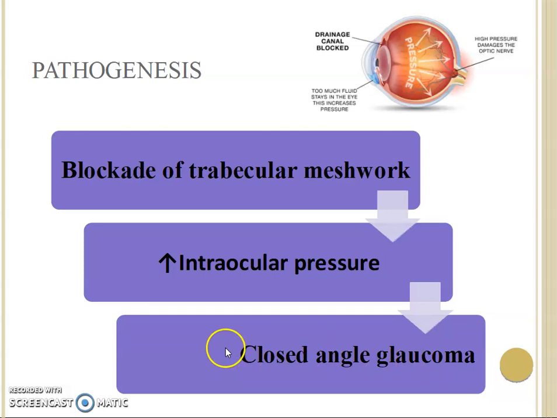We consider it closed angle because the angle between iris and cornea is getting closed, and due to that trabecular meshwork function is affected.